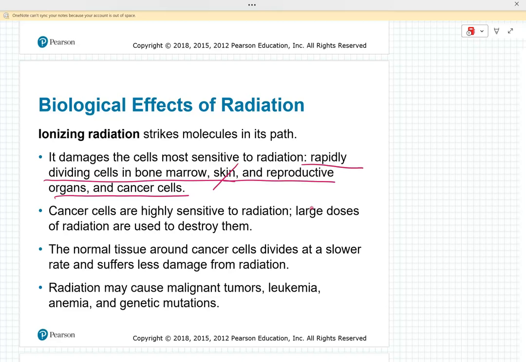They develop anemia and leukopenia, a reduced number of red and white blood cells, because bone marrow produces them and bone marrow is wrecked.